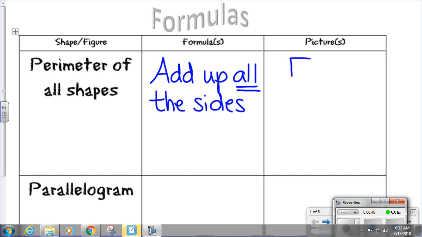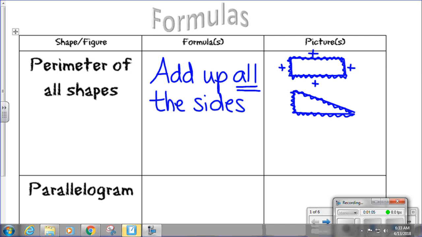I'm going to give you a couple of quick pictures here. If I have a rectangle, I'm going to squiggle in all these sides to show you what is required to find perimeter, and then I'm going to put these little plus signs all around the shape. Next shape would be a triangle. Again, I'm going to show you squiggling all around the shape just to prove to you that you need all the sides to find perimeter.